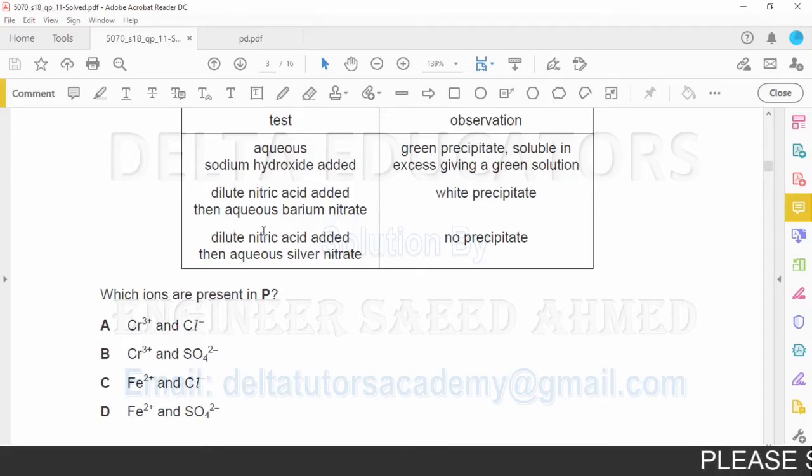Test 3. Dilute nitric acid added, then aqueous silver nitrate, no precipitate. No precipitate means we have not got silver chloride. There is no chloride ion, because silver chloride is a white precipitate and here it is given no precipitate. So it is confirmed it does not contain chloride ion. So our correct option is option B.